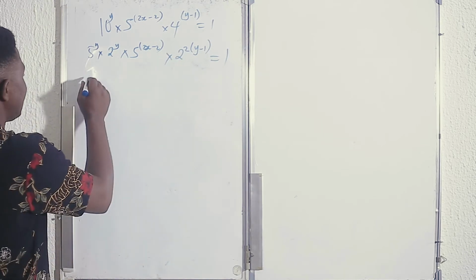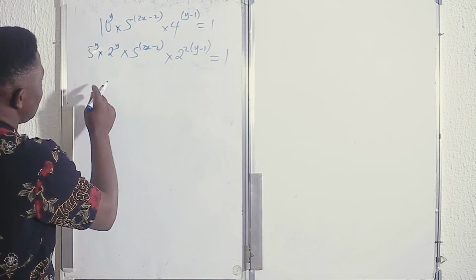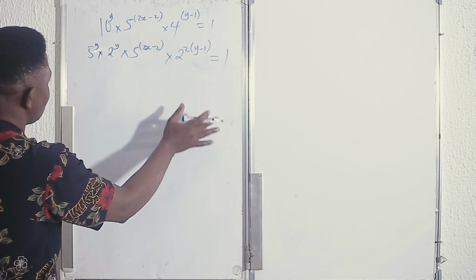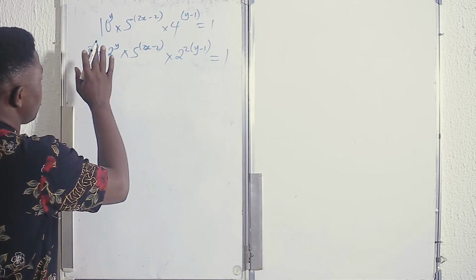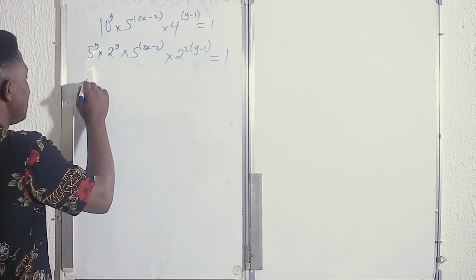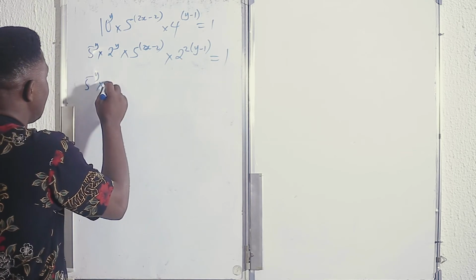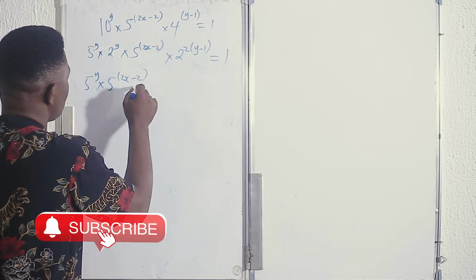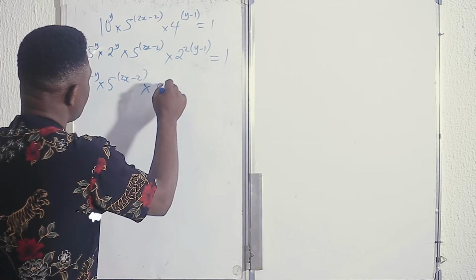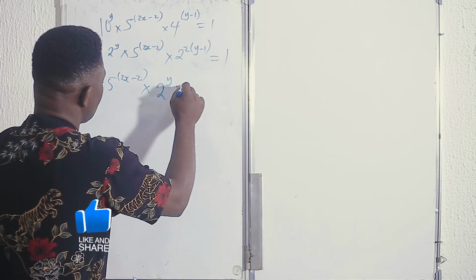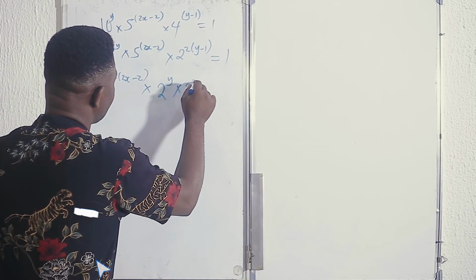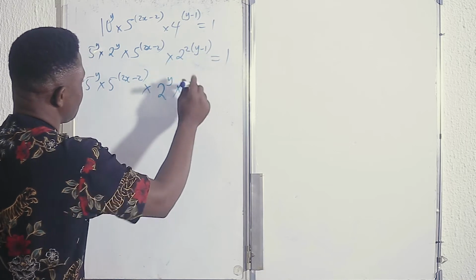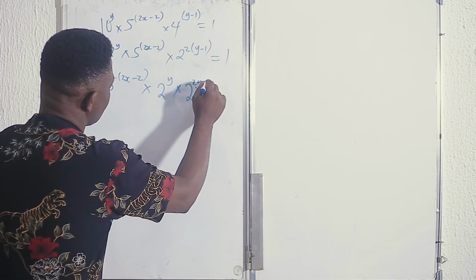We can simplify this further. Let's bring everything that has 2 together and everything that has 5 in one place. 5 to the power y times 5 all raised to the power 2x minus 2, times 2 raised to the power y times 2 raised to the power 2y, because if we open this bracket it becomes 2y minus 2.